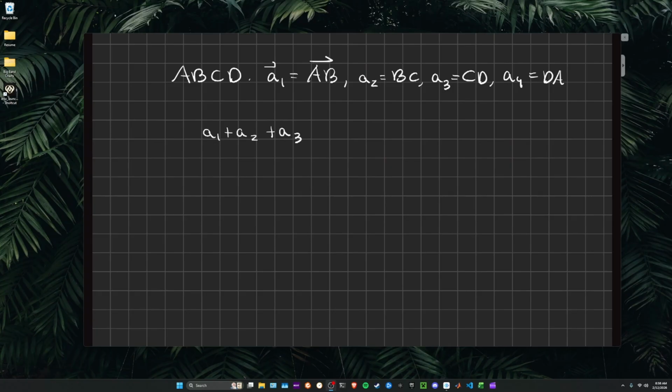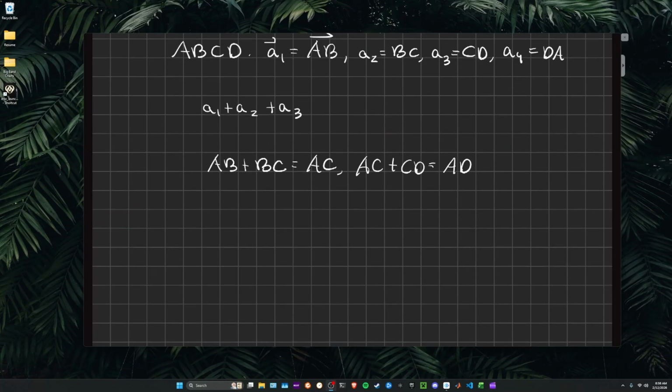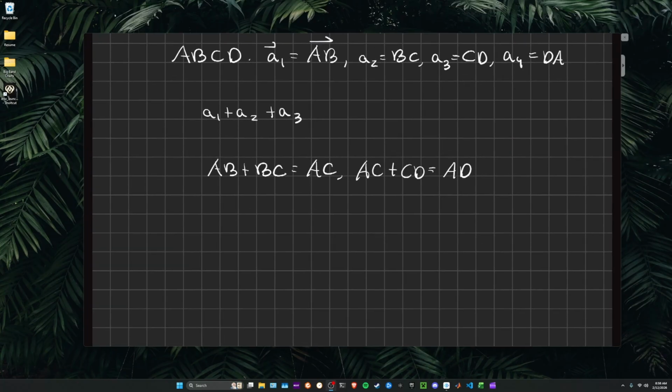So we'd have the segment AB and BC gives us the segment A to C, and then AC plus CD gives us the segment AD. And so the sum of those vectors, A1 plus A2 plus A3, equals AD. So you should be drawing a vector from the point A to D.